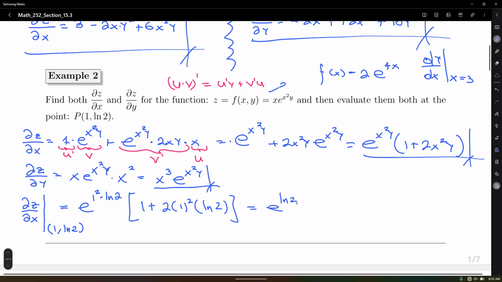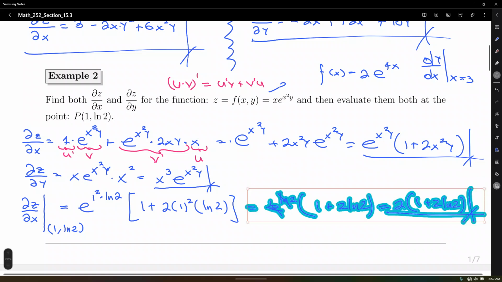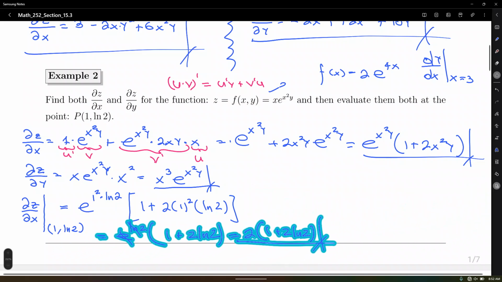That's e to the ln of 2, times 1 plus 2 ln of 2. But in this case, e and ln of 2 cancel out. That is 2 times 1 plus 2 ln of 2. Final answer. All right? Actually, I think I'm going to need the space here.